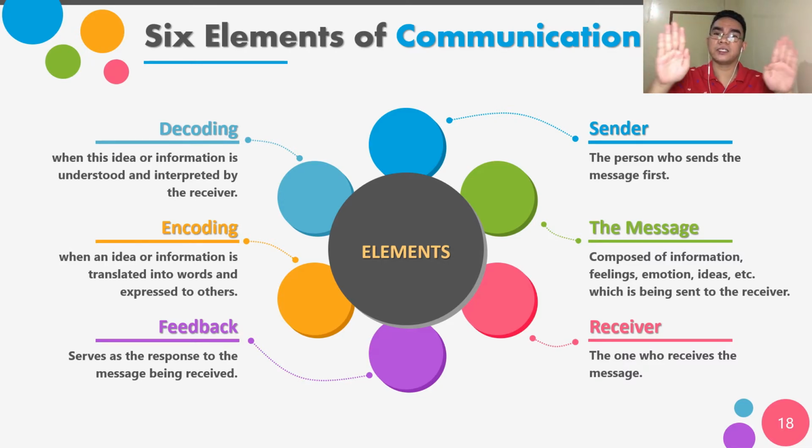Next, the receiver. The receiver is the one who receives the message, as its name says. Additional information: the sender and the receiver are also called the interlocutors, or the participants.